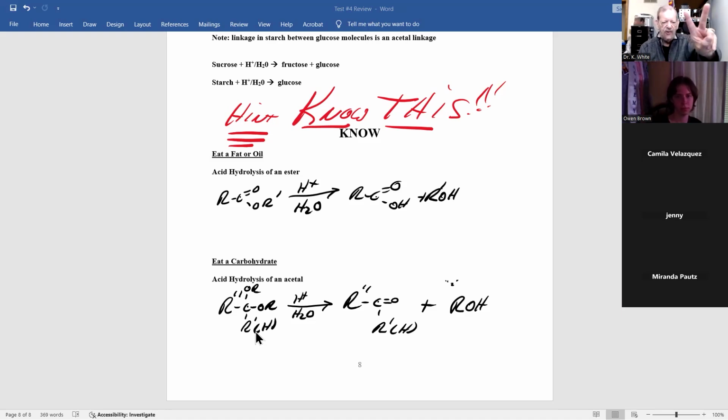For test 2, I taught you, here's the acetal or ketal, H plus acid and water. If you wanted to put HCl in here, you could too. I don't care. Either one works for me. Then you get back the aldehyde or ketone you would have used to make that acetal or ketal, plus the alcohol you would have used to make that acetal or ketal.